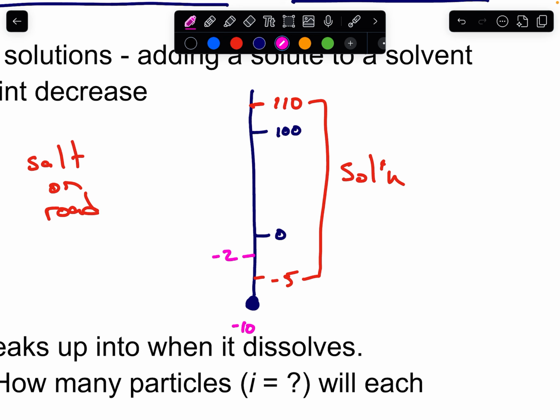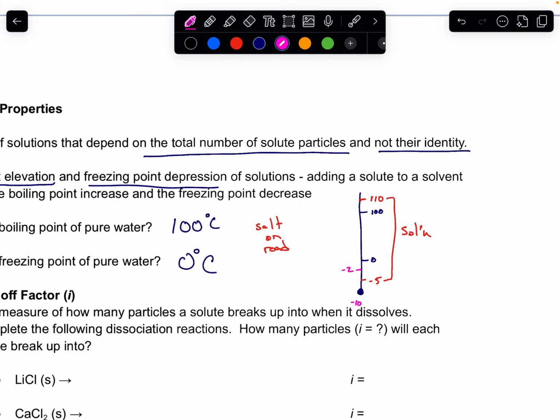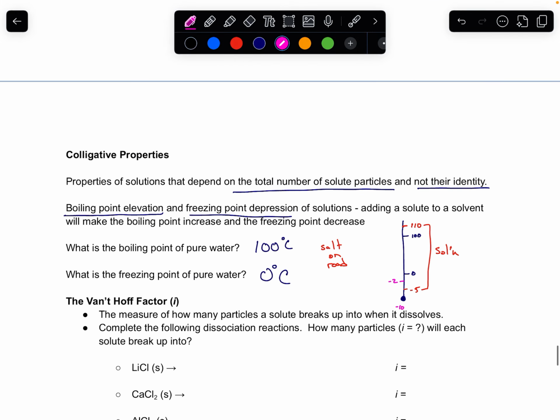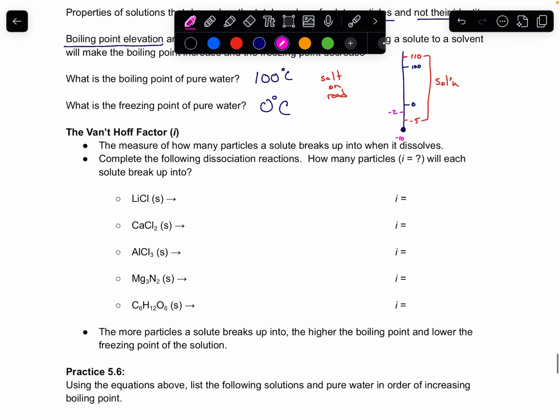So there's only so far that we can lower that freezing point, and only a certain temperature range where this works. But what's happening is those solute particles are helping to lower that freezing point. Instead of water freezing at 0, it's going to freeze now at -5. That helps to melt any ice that's already been formed there, and makes it safer for us to go driving and walking out.